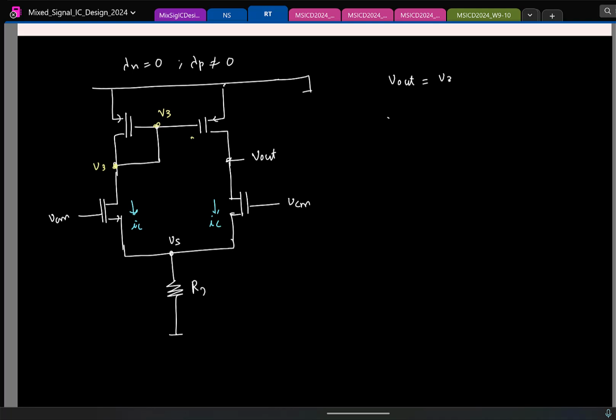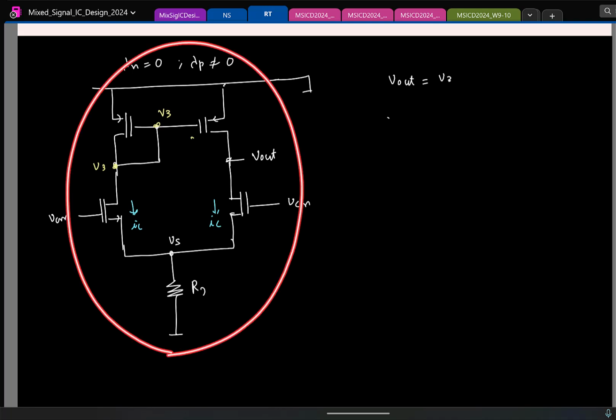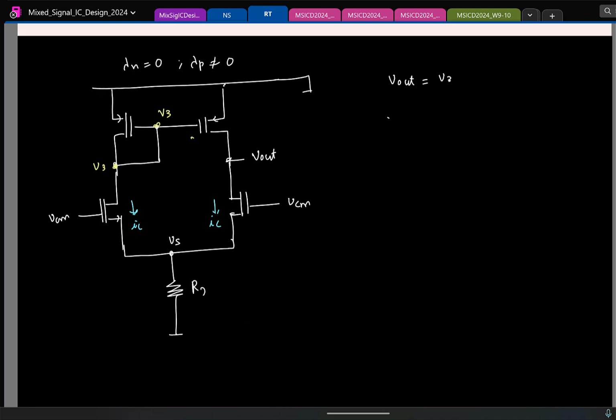But remember, the circuit as such was a symmetric circuit or an asymmetric circuit? Asymmetric. But in this condition, it seems like the drain voltages are exactly equal. So now can you say if it's symmetric or asymmetric? What has made the circuit change from asymmetric to symmetric now?